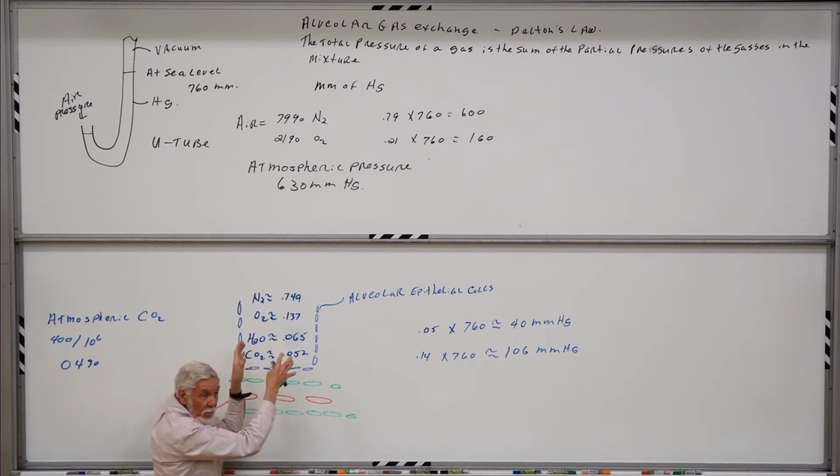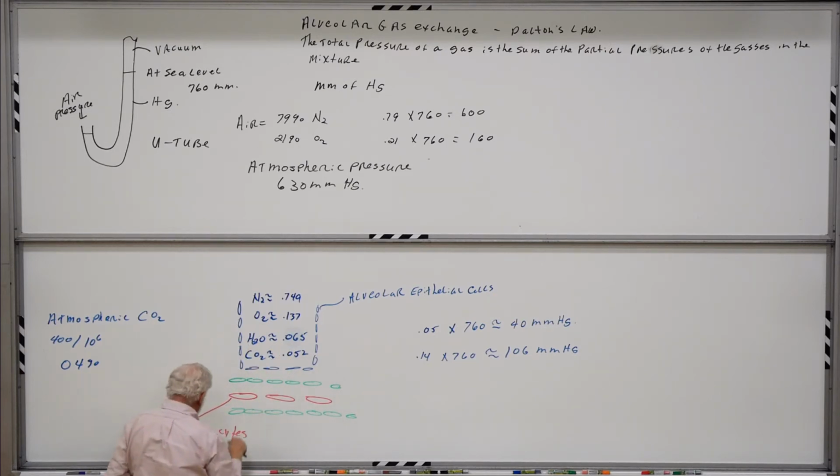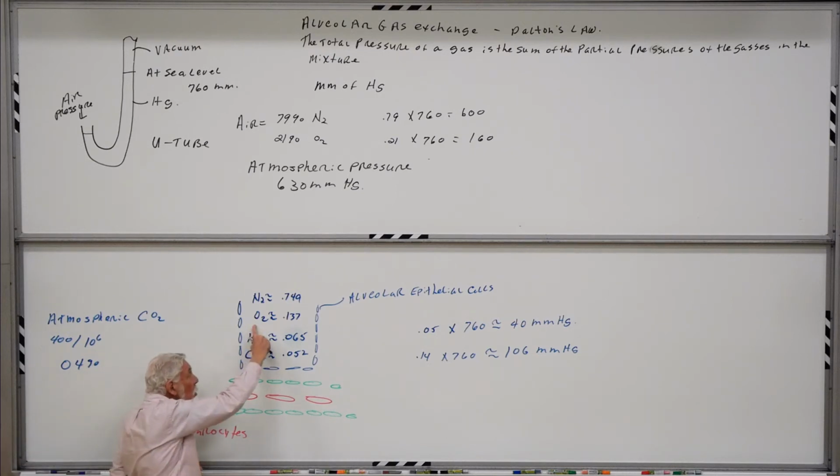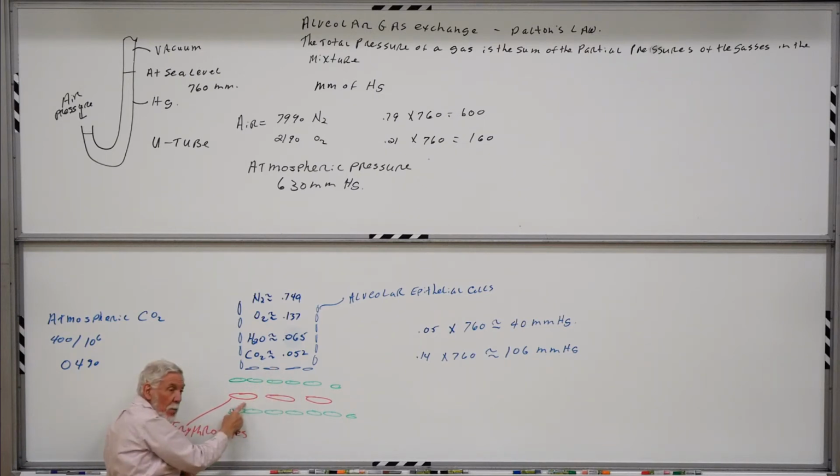And what we're trying to do, the functional significance of this, is move oxygen from the alveolar space, the air, across the epithelium, across the endothelium, and into the hemoglobin on the erythrocytes.